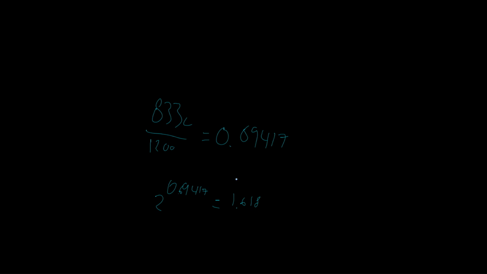And so now we have, this is essentially our fraction. This is if we had 833 cents as a just intonation ratio, it's about 1,618 over 1,000, or 1.618. But that's not particularly helpful. We want to know what simple ratios are nearby.